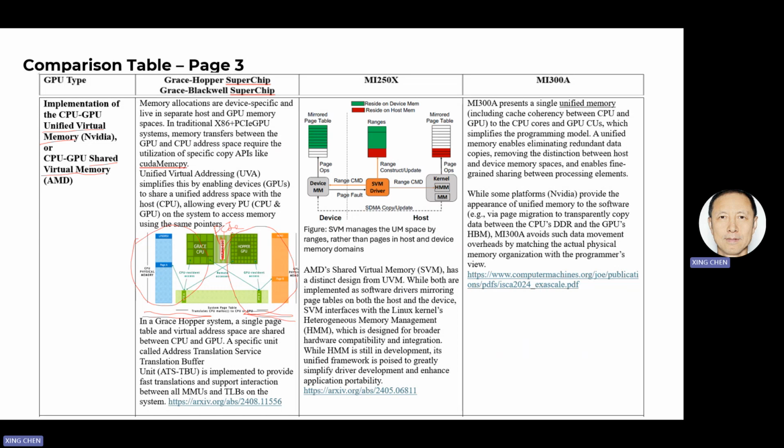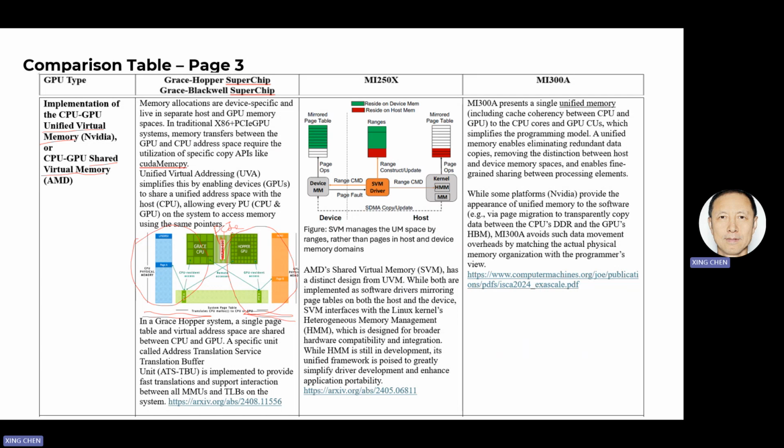There was already a software solution from Nvidia. That's by the CUDA programming platform, or the CUDA runtime. So it supports this kind of unified virtual memory.